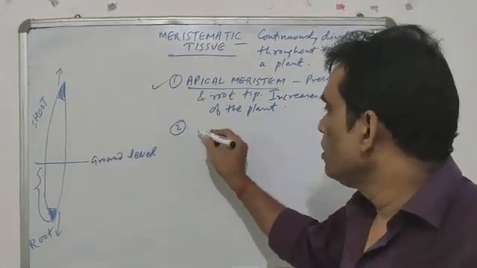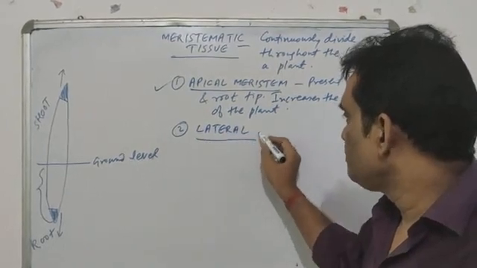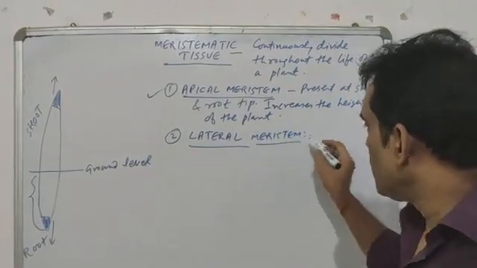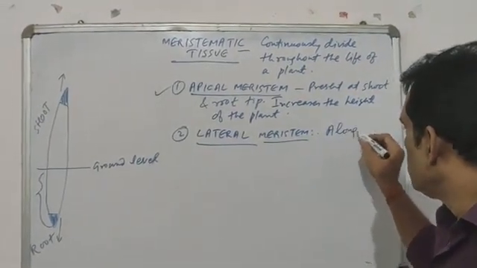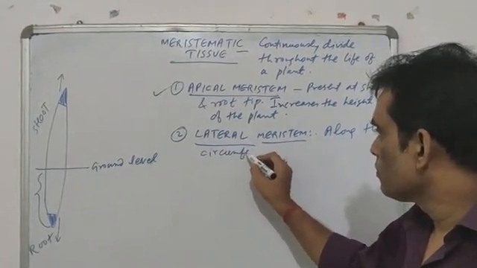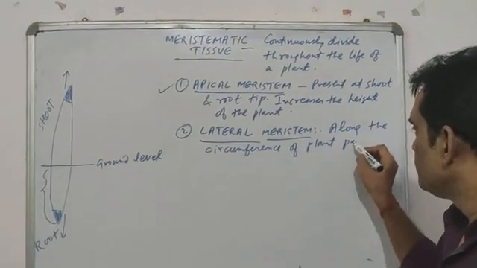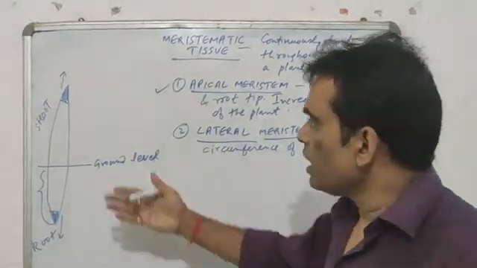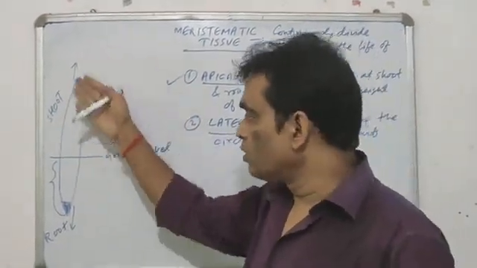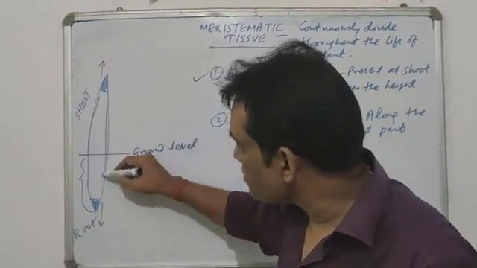The second one is called lateral meristematic tissue. Lateral meristems are present along the circumference of the plant parts. Generally, when I cut the plant along the length, it is called a longitudinal section. Along the longitudinal section, you will see on the sides the lateral meristems are present.